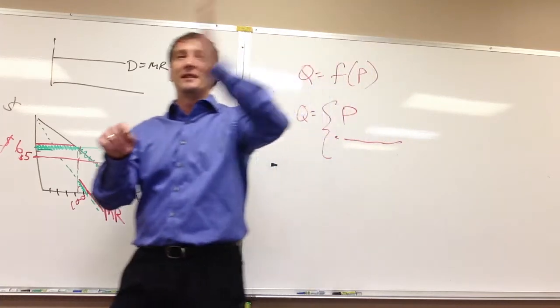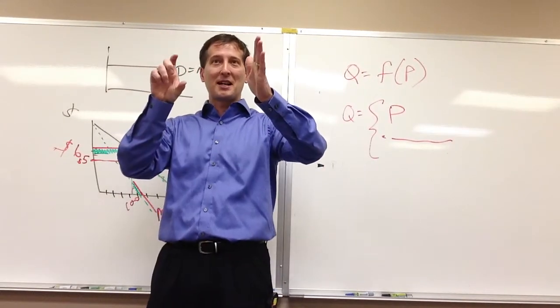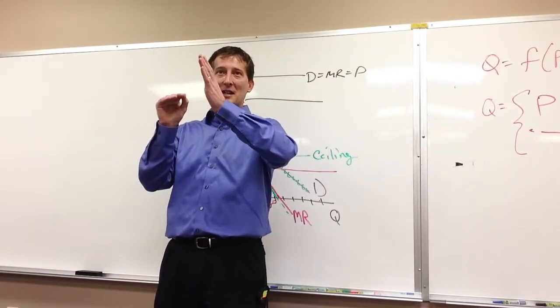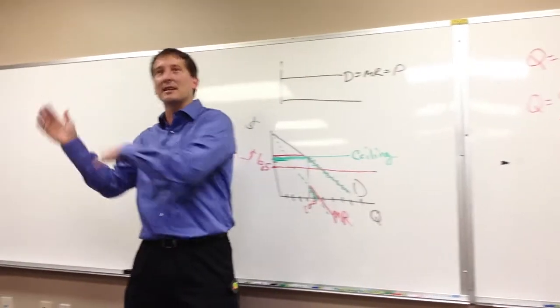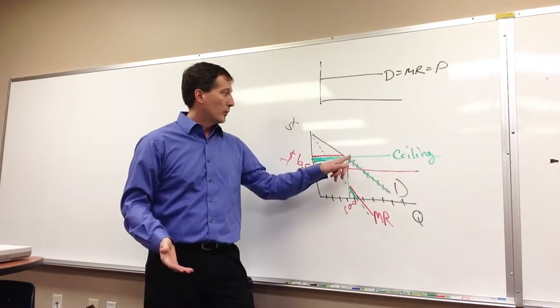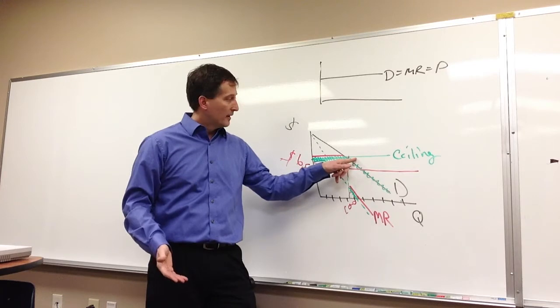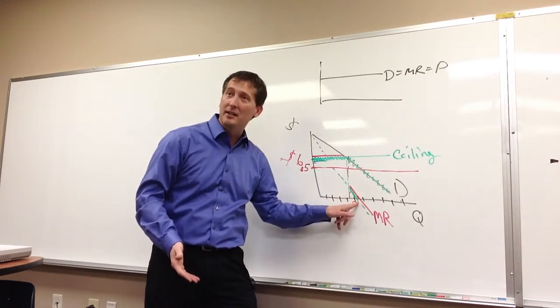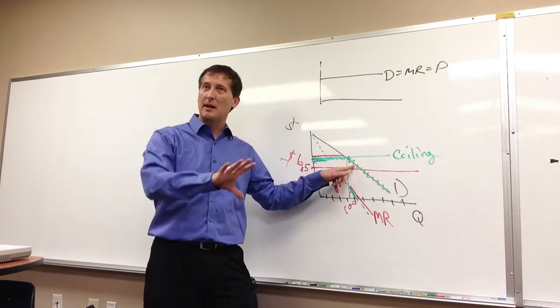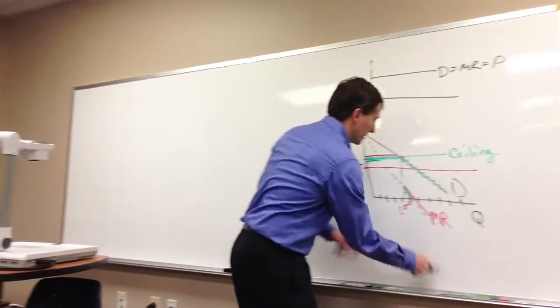Yes. Next unit, yes, yes, yes. You keep saying yes until you run out, and you run out at the ceiling price, when revenue drops down to here and is less than the cost, so don't do it. That was at the 69th unit for this problem.